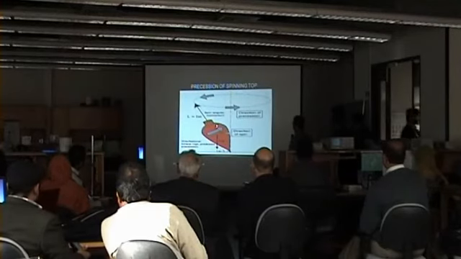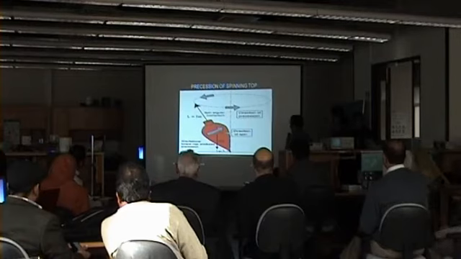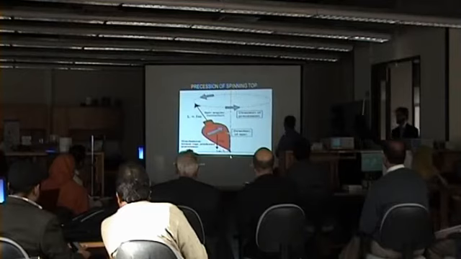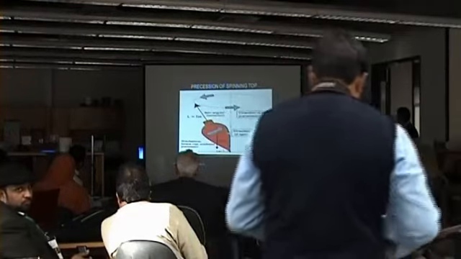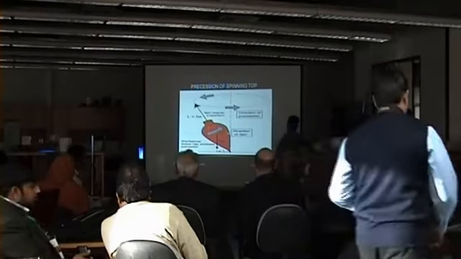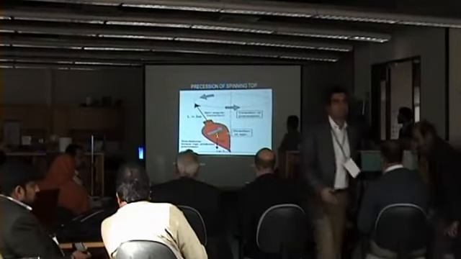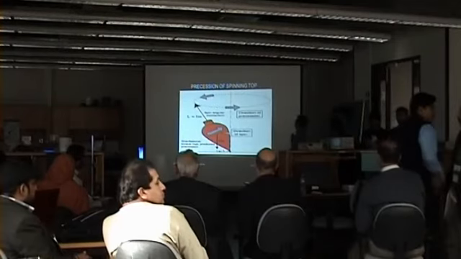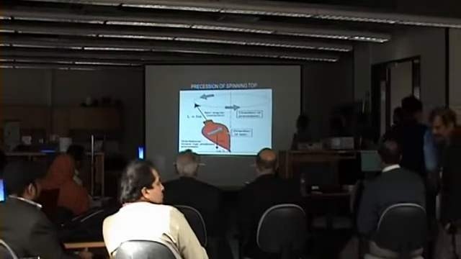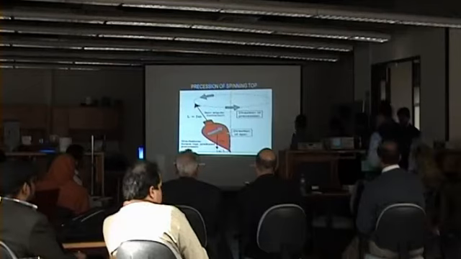As it spins about this axis, along with the spinning about this axis, there is another motion about another axis. The motion of this top around this axis is called the precession. This is one angular motion.